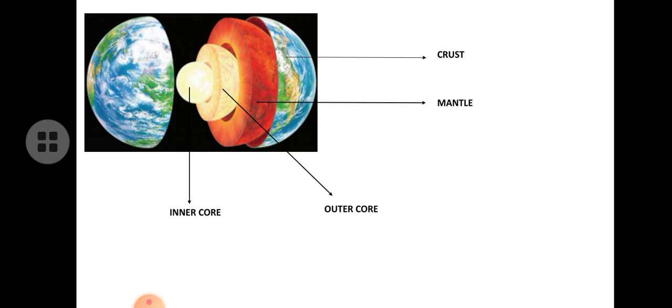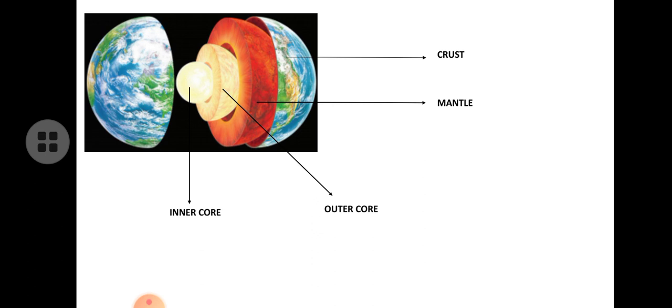Look at the outermost part of our Earth on which we live. The outermost layer which we see with our naked eye, in which we live, is called the crust. And when you move deeper from the crust, you can identify the next layer of our Earth.